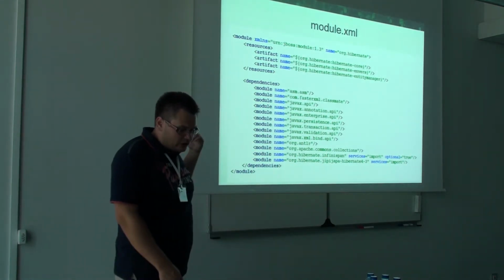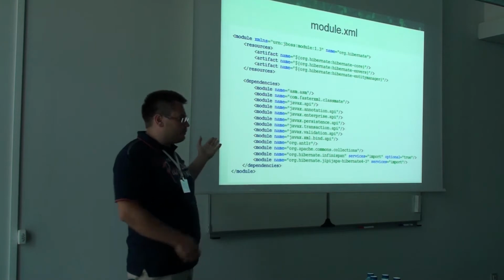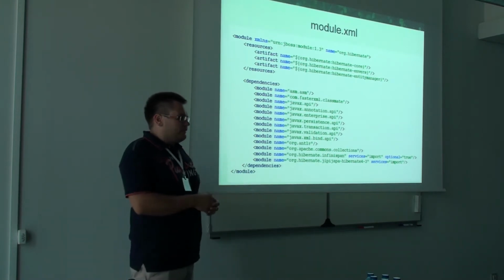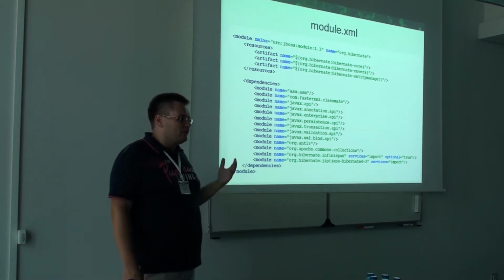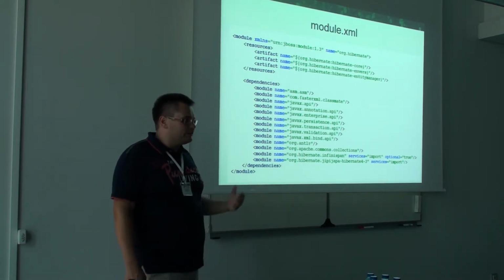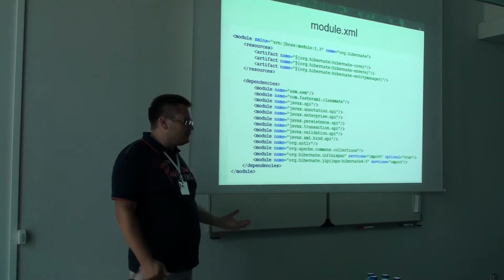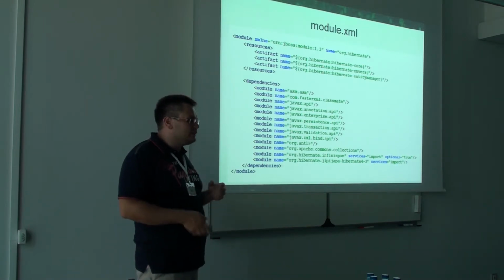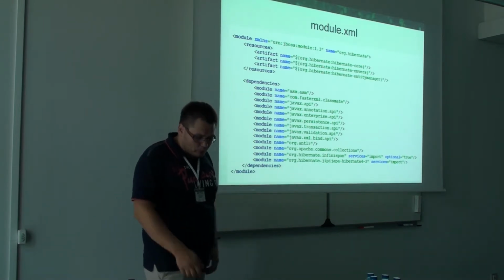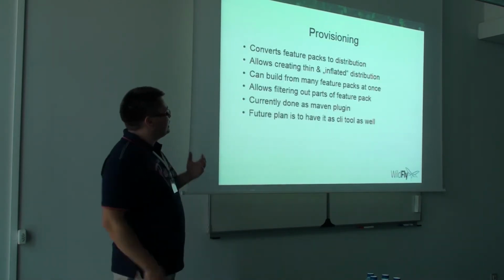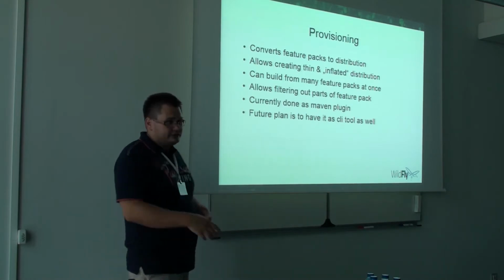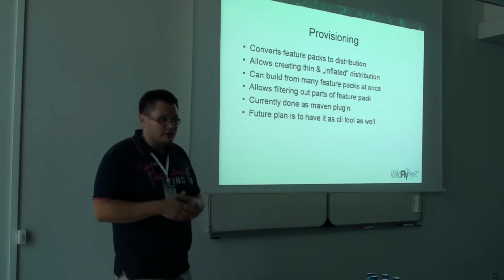This is really important when it comes to provisioning, because if all these feature packs I talked about had all the jars in them, we would be uploading hundreds and hundreds of megabytes to Maven Central. Why would we have it there if it's not needed until you actually provision the server, which is the next step of the build, where we take the feature packs and make the distribution out of it, something that you can actually run.